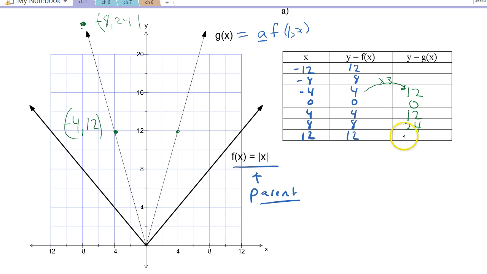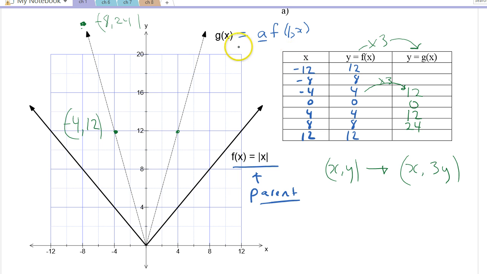So really what I'm doing here is I'm taking this value here and I'm multiplying it by 3. So in any point in my original x comma y, it's getting mapped onto, the x is staying the same and the y is getting multiplied times 3.